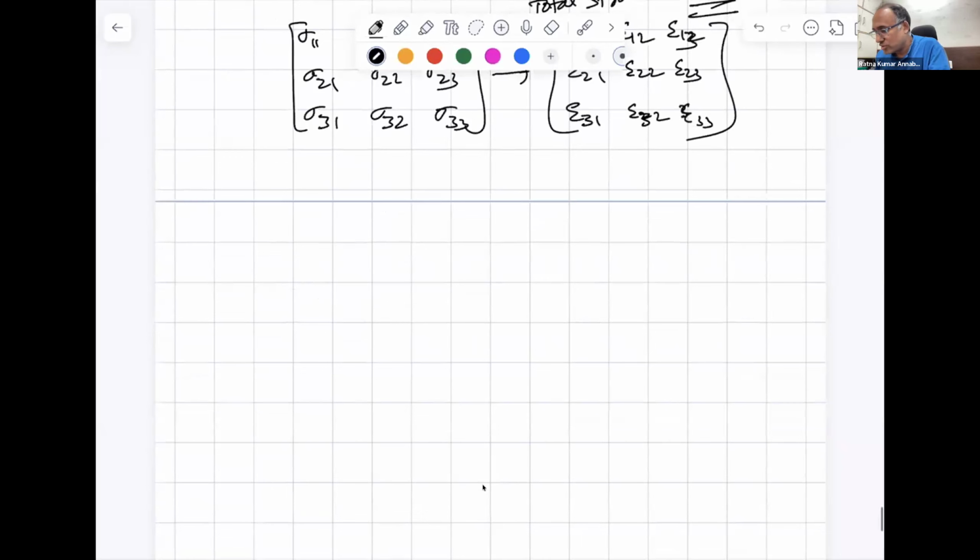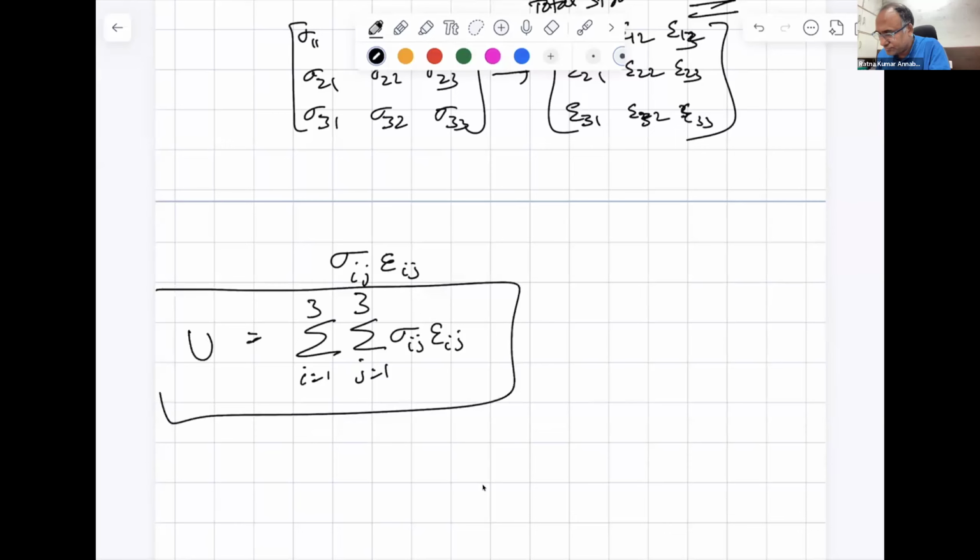Then you can calculate the sum over i from 1 to 3 and j from 1 to 3 of sigma ij epsilon ij. That is your total strain energy.